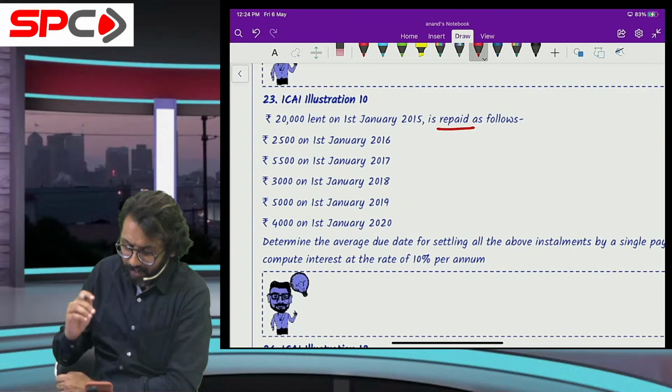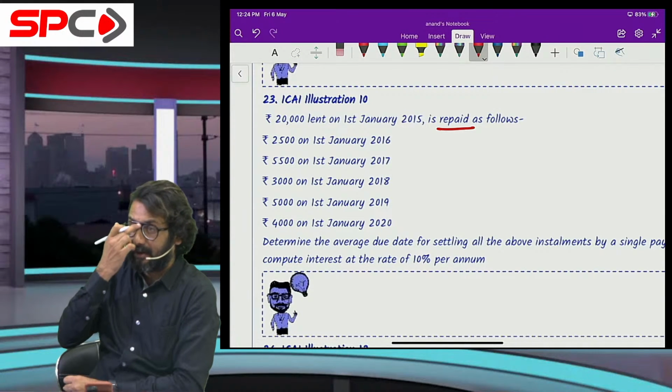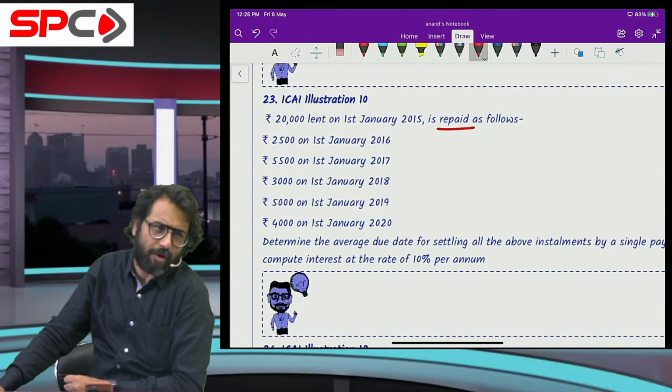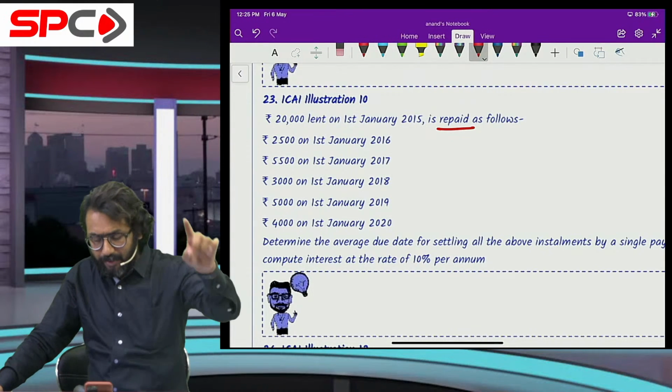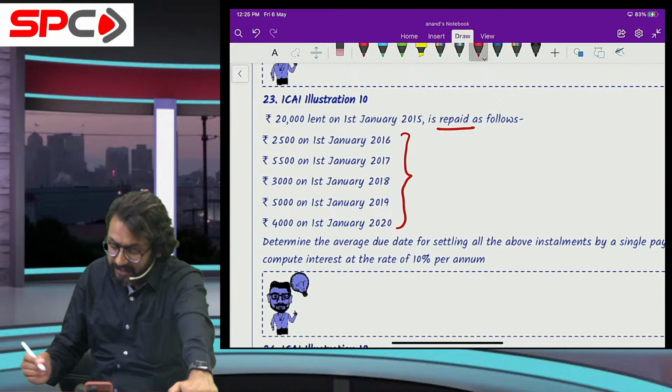So we have borrowed 20,000 on what date? 1st Jan. So my interest meter will start immediately after I have borrowed. So I have to pay the interest from the 1st Jan. Do you all agree? Now I am supposed to make the payment in various years.